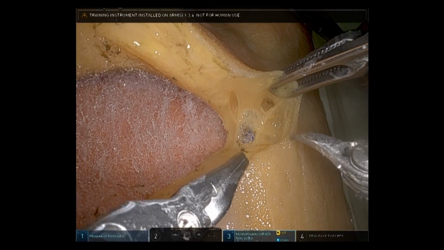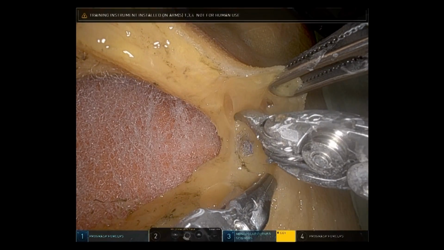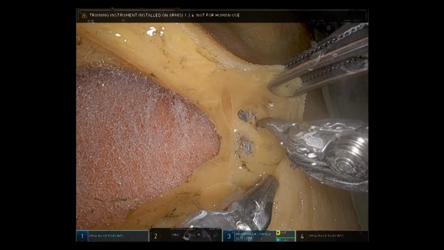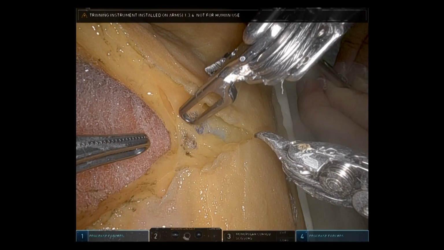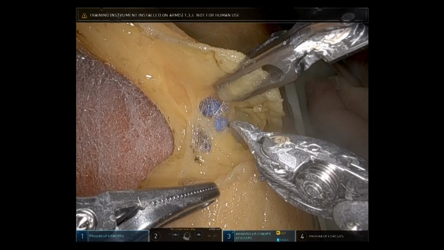Dissection begins around the superior mesenteric vein, SMV. An artificial areolar plane has been incorporated around the vessels.